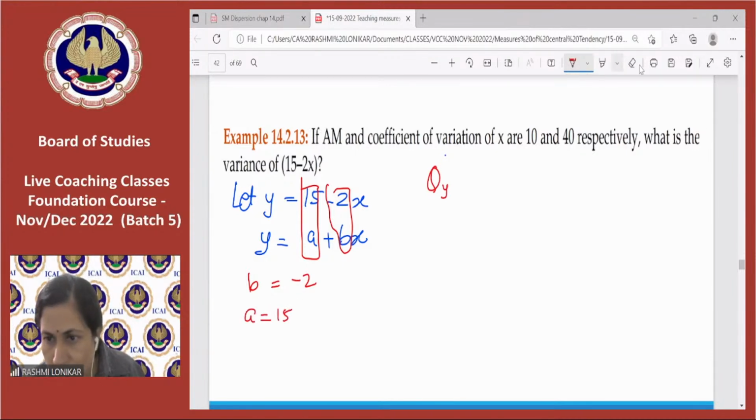Okay. Now what do I need to find out? I need to find out the variance, and the arithmetic mean and coefficient of variation of x are given to me. So I have been given that x bar is equal to 10 and coefficient of variation is equal to 40.